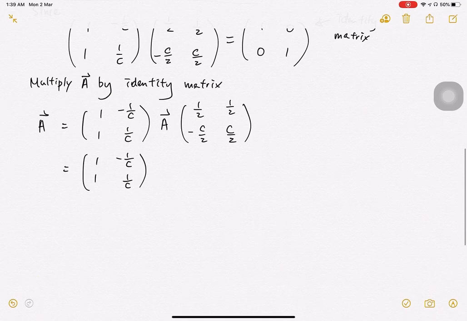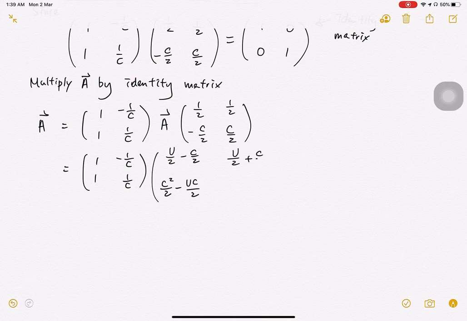Okay, so if we now do the multiplication, okay, this is the result.